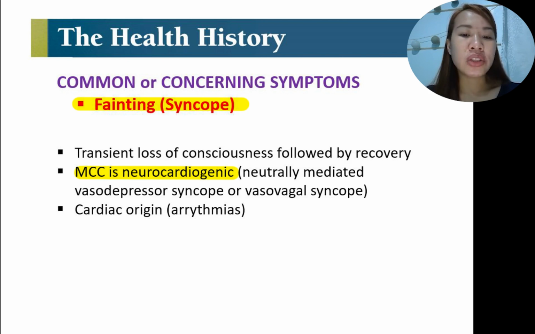Neuro pertains to the brain and the heart, so both the heart and the brain are the origin of this. If it is of cardiac origin, such as arrhythmias, this is only 20% of the cases. So neurocardiogenic is still the most common, and if it is solely cardiac in origin, it comprises only about 20%.